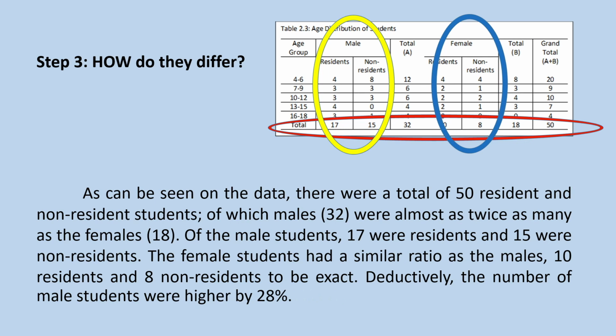Of the male students, 17 were residents and 15 were non-residents. The female students had a similar ratio as the males, 10 residents and 8 non-residents to be exact. Deductively, the number of male students were higher by 28%.